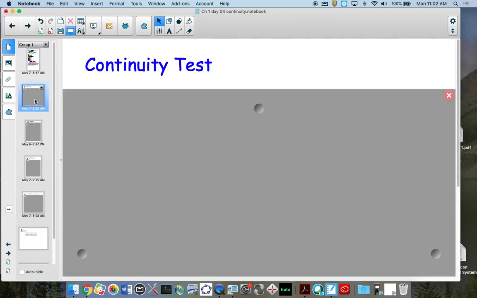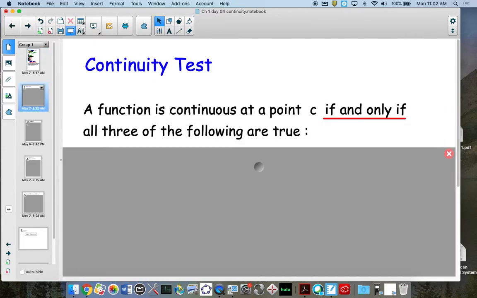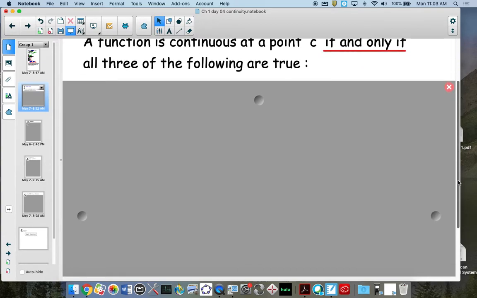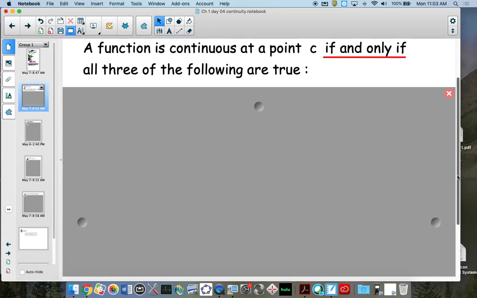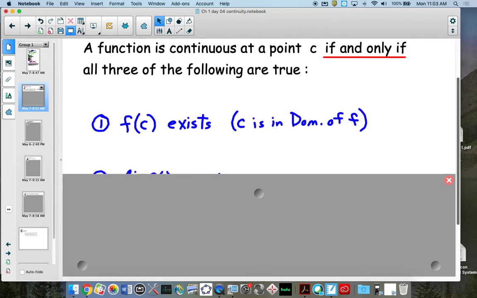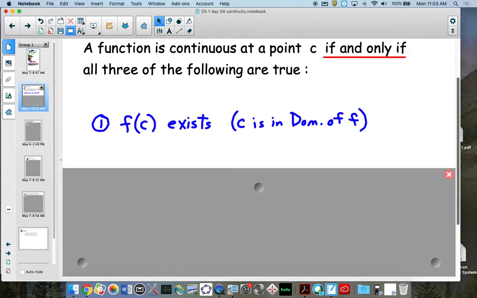Okay, so we have a continuity test. And now you have to be careful. Here we're talking about a function being continuous at a point. A function is continuous at a point c if and only if all three of the following are true. I'll show a counterexample for each one as we go through it. First, f of c has to exist.